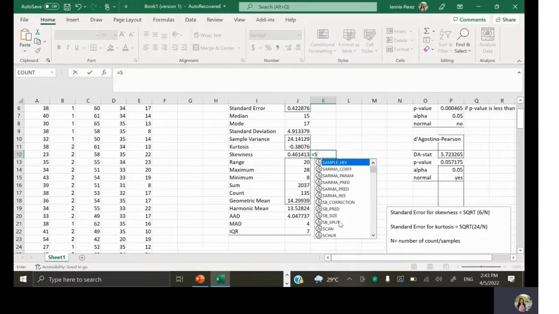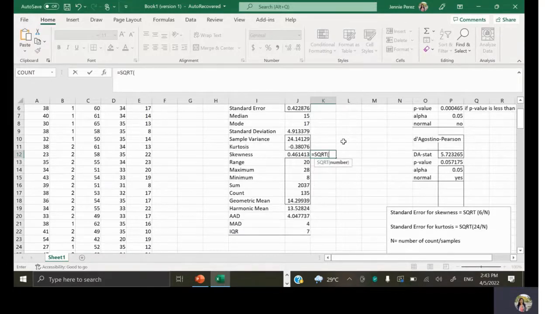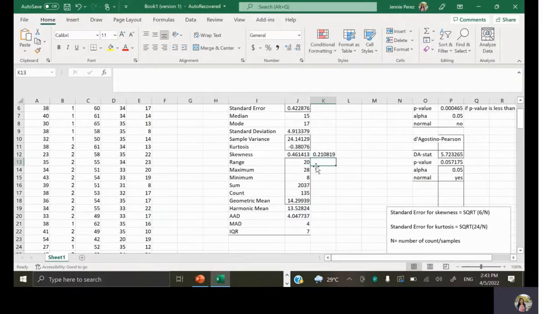The function keys will appear here, but I will just type square root. Then the number, 6 over, what is my count? 135. I will just click this. This is the count. It is equal to 135. And close parenthesis and enter. So this is now the standard error.